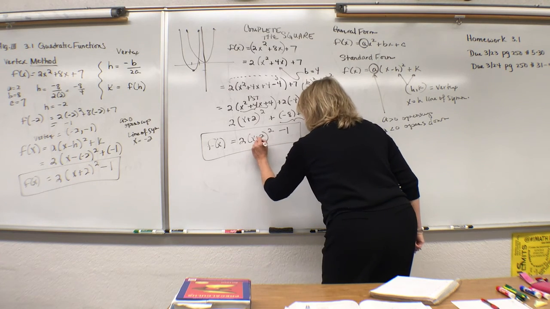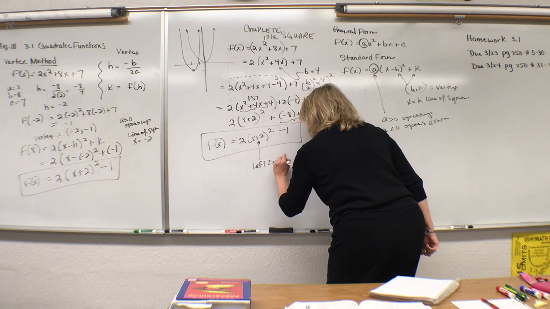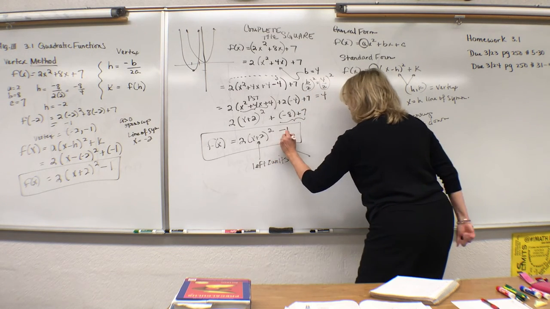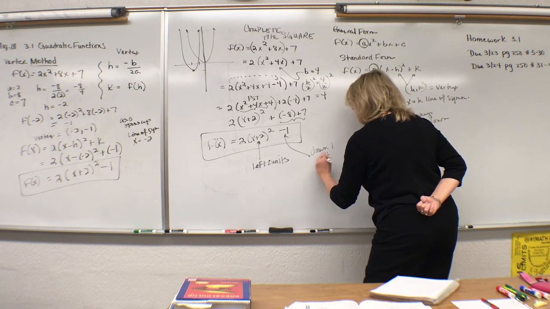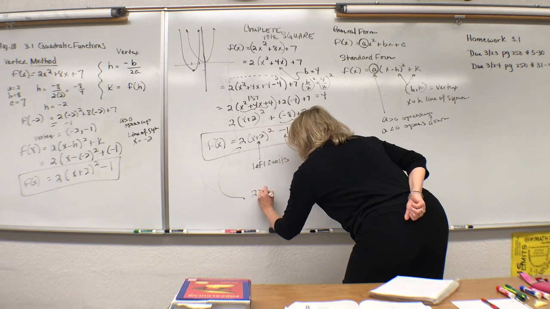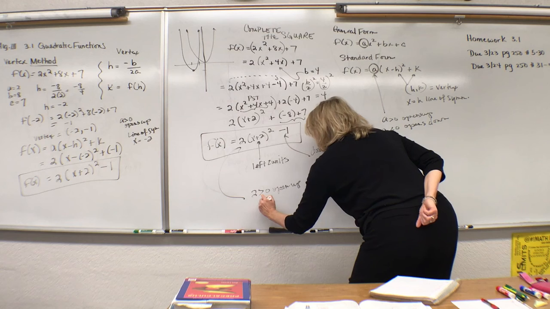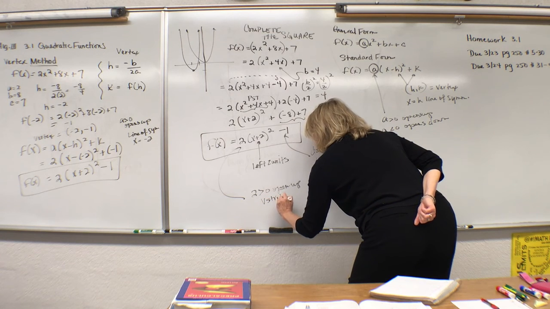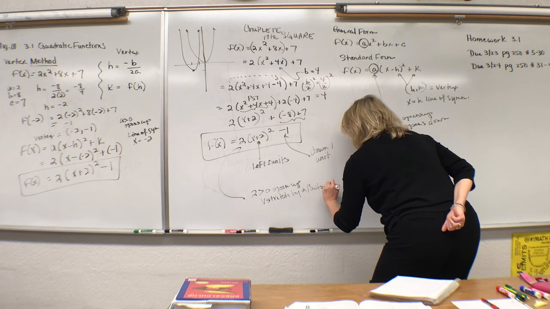This plus 2 tells me the vertex has gone left 2 units. And this -1 tells me I've gone down 1 unit. And this 2 times, well, first of all, 2 is greater than 0, so we know that we open up. But we also have a vertical stretch by a factor of 2.